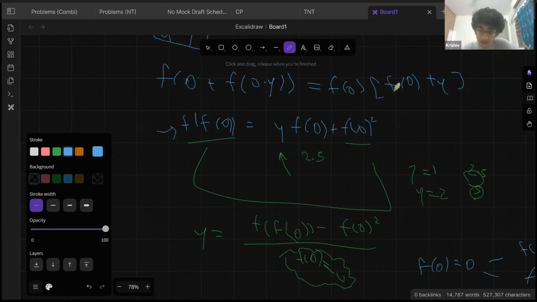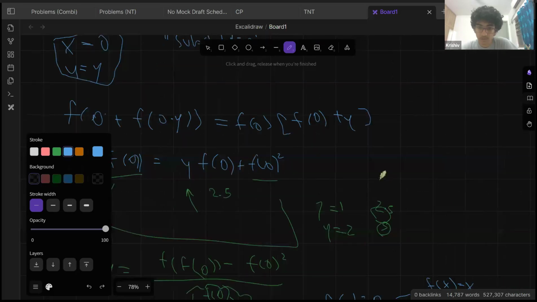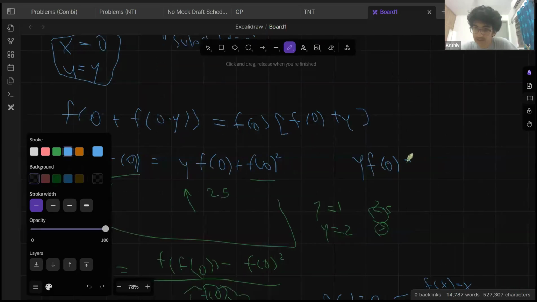So here, f of 0 is constant, f of 0 squared is constant, right? So what we have is y f of 0 is some constant, but y is variable, but y times something is constant.